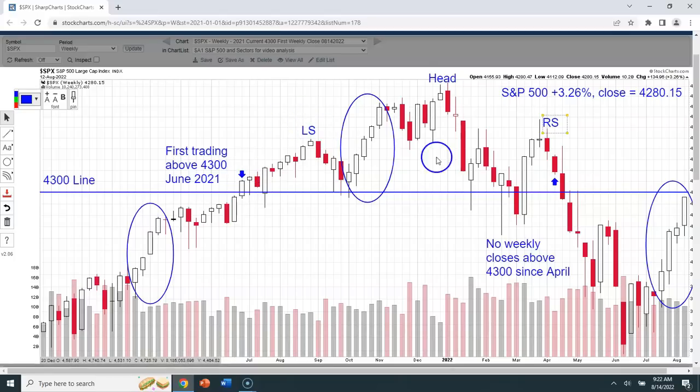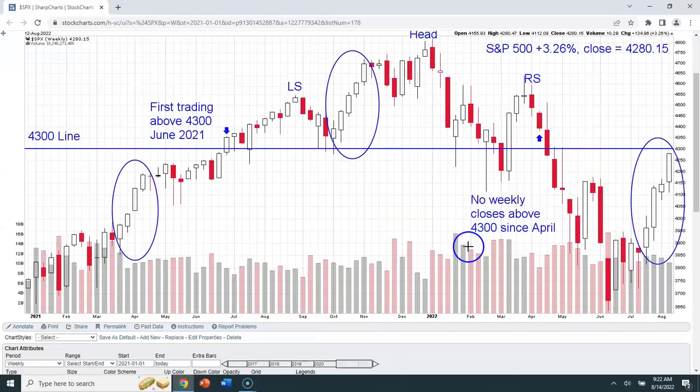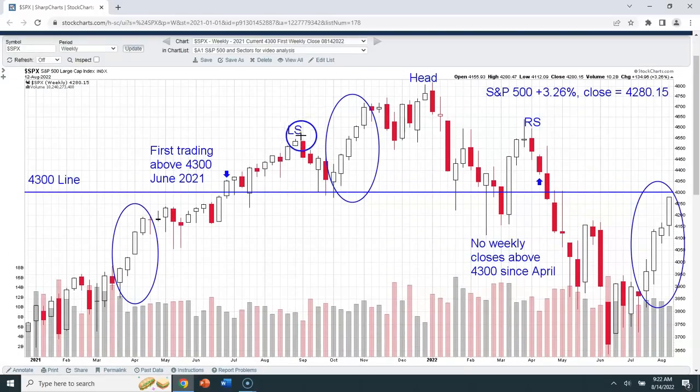But when I look at this chart, another thing I'm seeing here is what could arguably be a head and shoulders reversal pattern, where here's the left shoulder, here's the head, and here's the right shoulder. And basically where we're at right now, this 4,250 to 4,300 level is the neckline, all right?